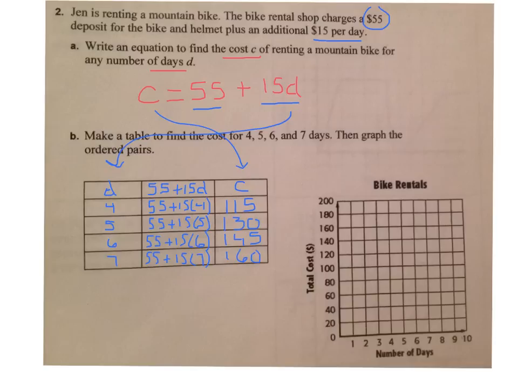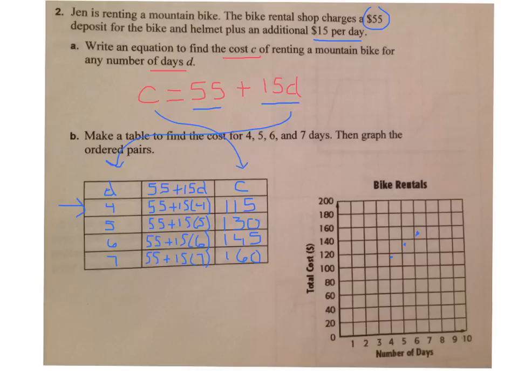And now we have to plot those points. So the first point is over 4 up 115, and you have to estimate 115. It's going to be close to 120. And then over 5 up 130. And then over 6 up 145. Whoops, it's hard to plot those dots on the iPad with the video I'm creating.